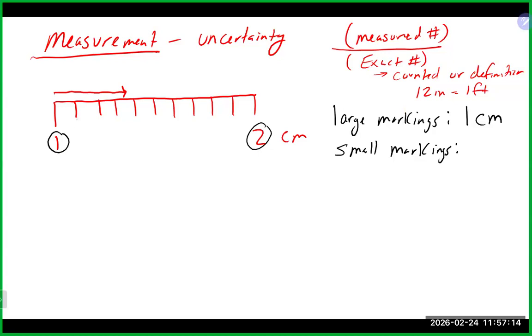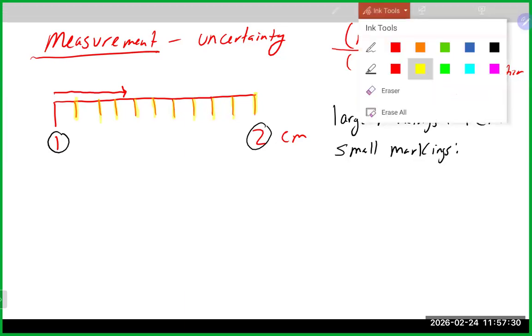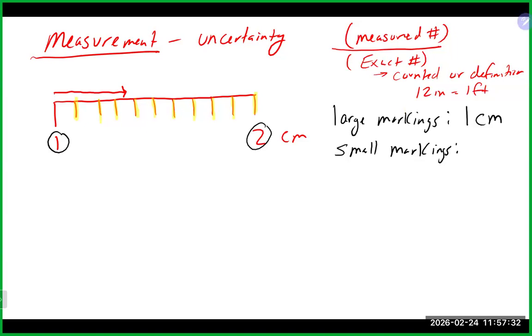It's important when you count correctly, which is you start counting after the last large marking, and you continue to the next large marking. So 1, 2, 3, 4, 5, 6, 7, 8, 9, and you stop here at the next large marking. That's going to be 10. So there are 10 markings in between the 1 centimeter.